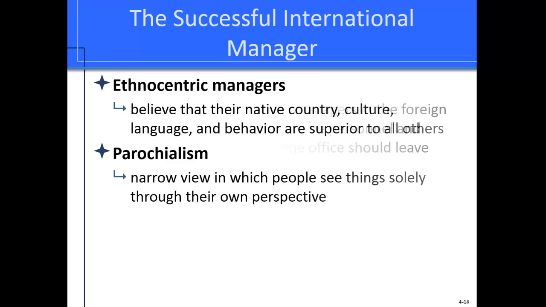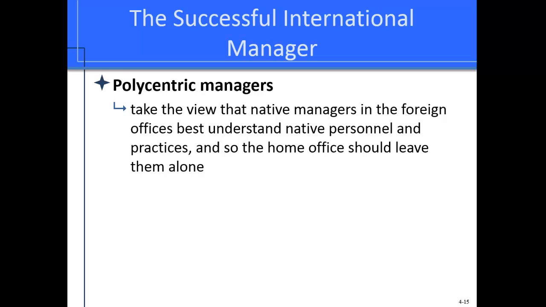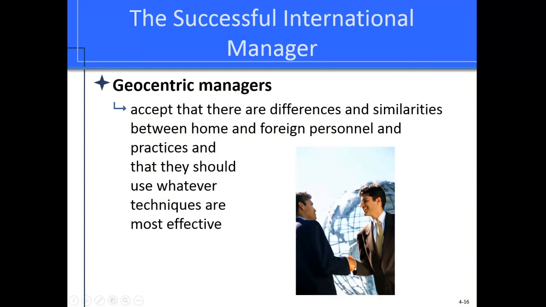The next type of managerial attitude is the polycentric managers. These managers believe that native managers in the foreign offices best understand native personnel and practices, so the home office should leave them alone. You might call that a they-know-best type of attitude. Lastly, we have the geocentric managers.